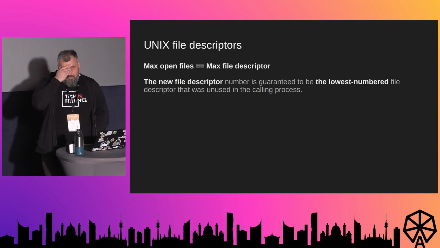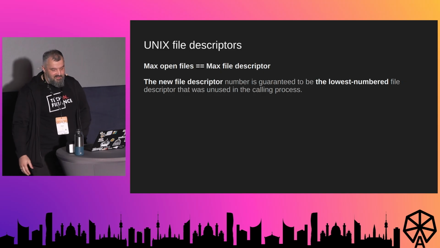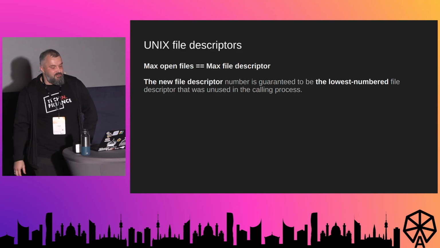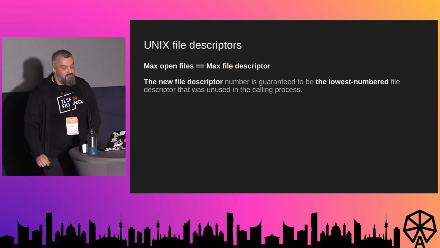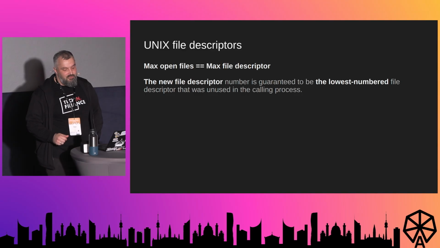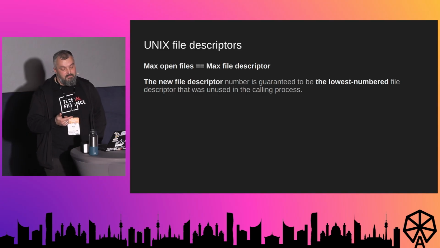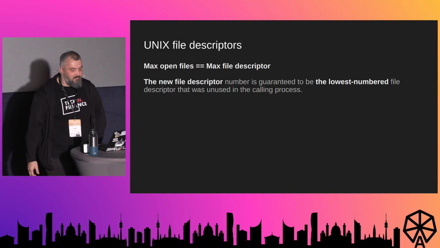And going back to the limit, the technically correct way to say it is that Unix has a limit on the maximum file descriptor, not on the maximum number of open files. But because of the convention for how it assigns new file numbers, it's almost the same.